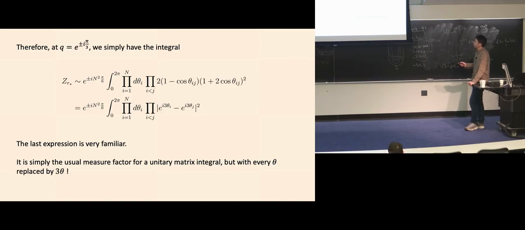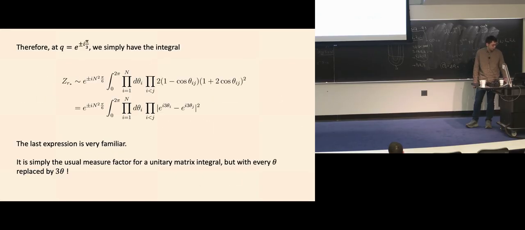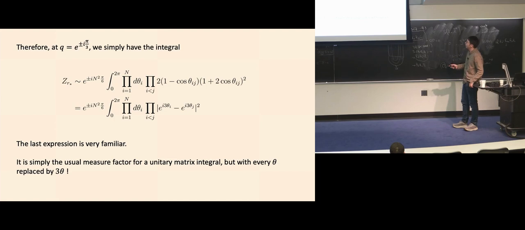Okay, so by doing that, what you end up with is a positive definite integrand. After you complexify, this piece cancels out precisely the oscillating sign of the piece in the character, and you just get a very simple integrand, which, up to this overall phase, you can rewrite as this very simple expression, the absolute value of e to the i 3 theta i minus e to the i 3 theta j, squared.